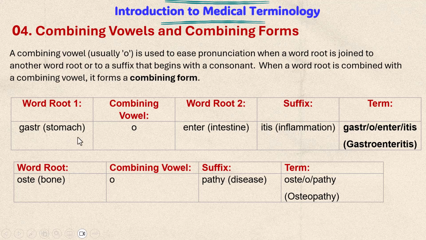When you incorporate all of these forms, you get gastroenteritis. Similarly, let's take another example. Word root is oste, that is bone. Combining vowel is o. Suffix is pathy. So you can say osteopathy.